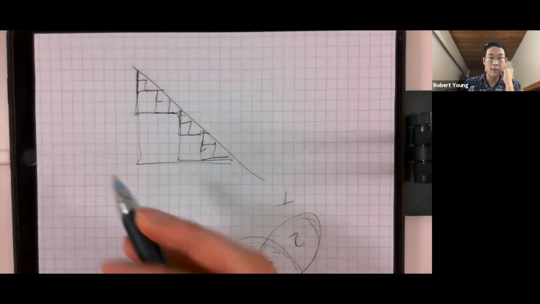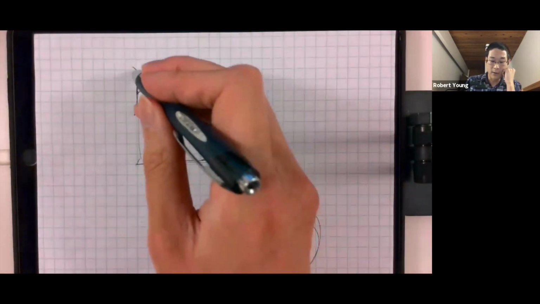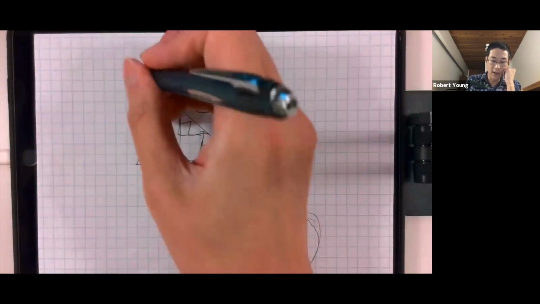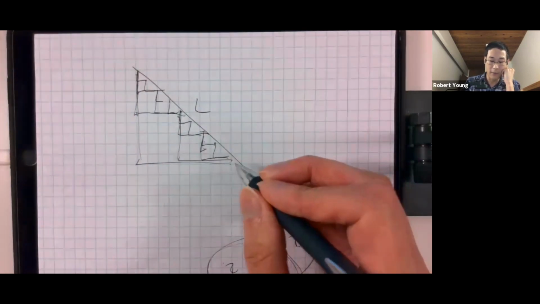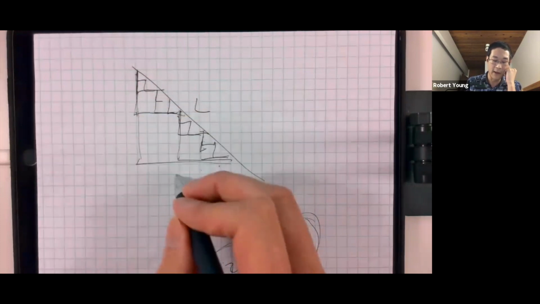And so when we break this up into squares, if this has length L, we're getting L from the 1x1 approximation, then another L from the 2x2, another L from the 4x4, another L from the 8x8.